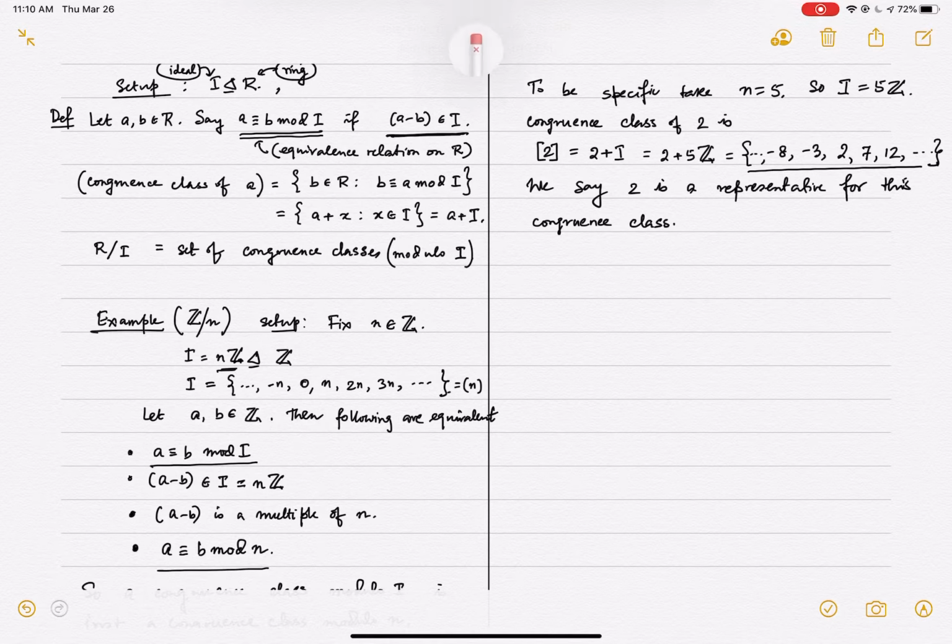In fact, you can represent it by any element in this set. Minus 8 is also a representative for this congruence class, and so on. Minus 8 is another representative.